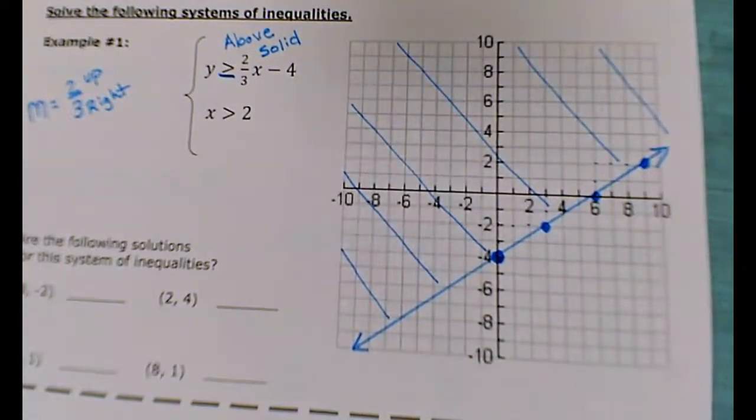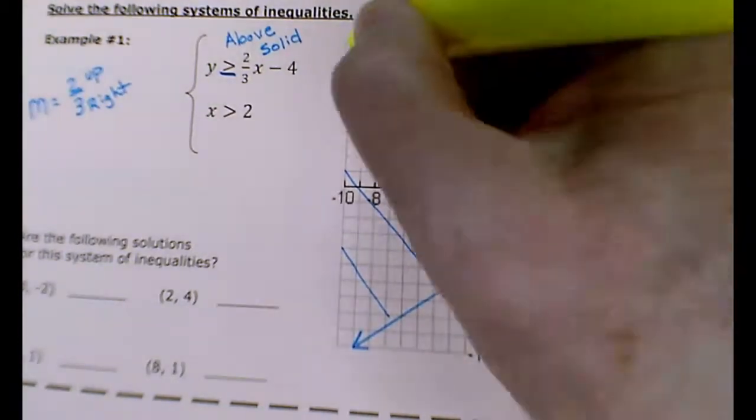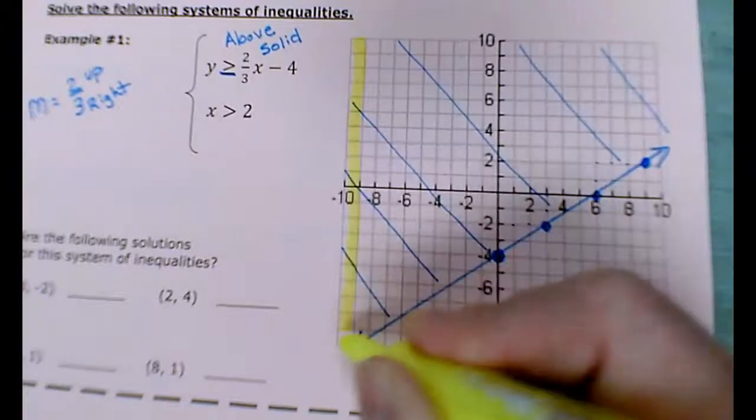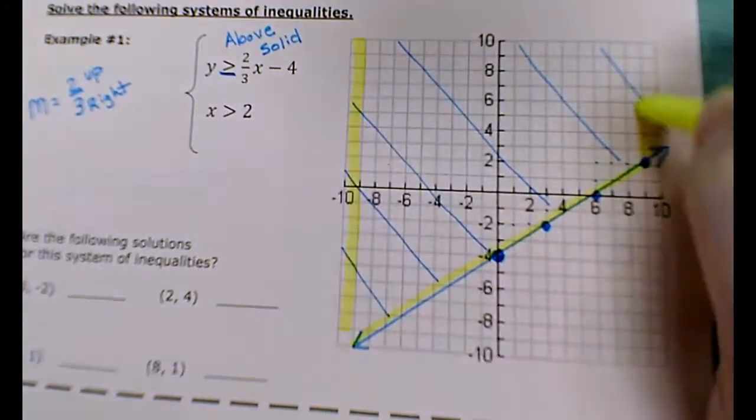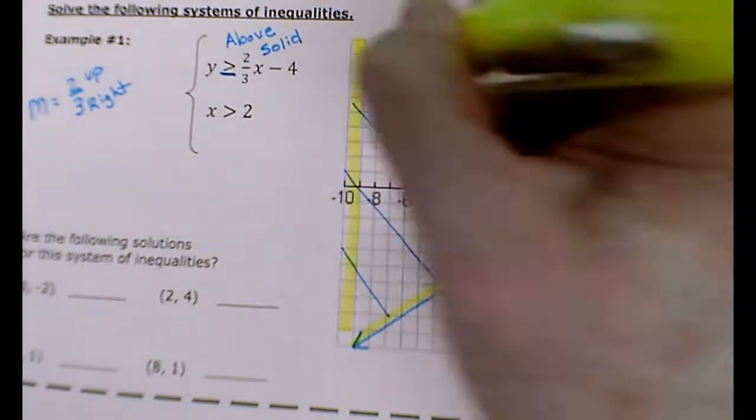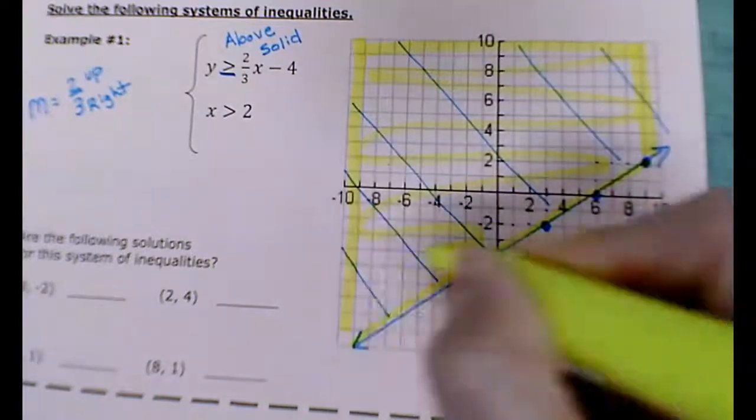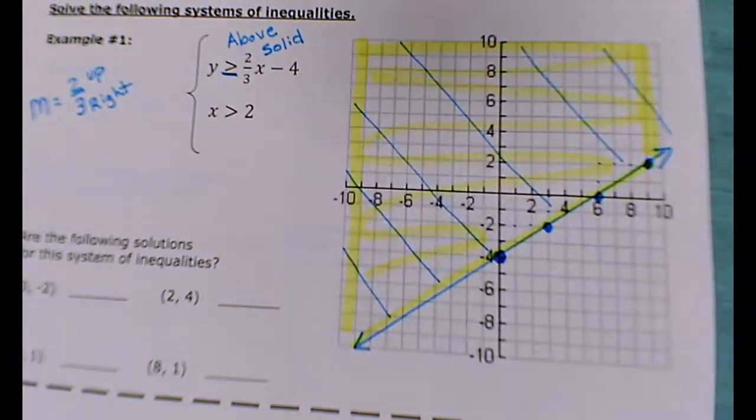Or you might want to shade above your line using your highlighter. You might want to use your highlighter tool and shade all of this part in here with your highlighter tool.